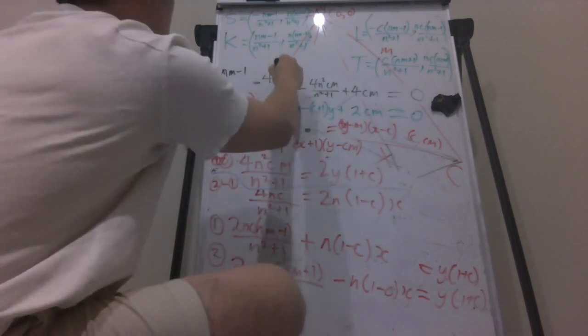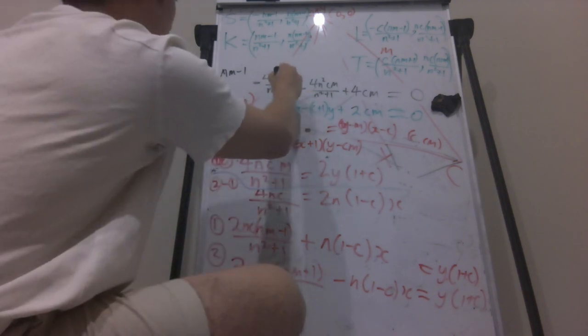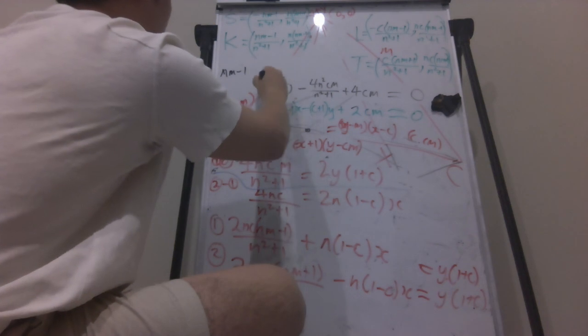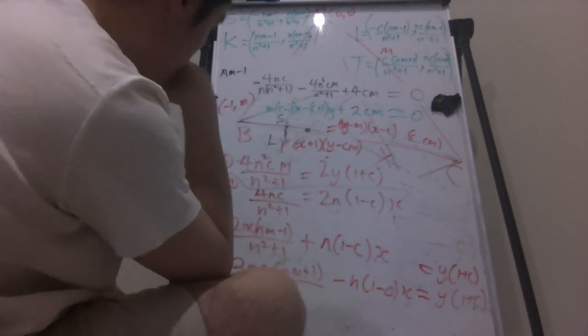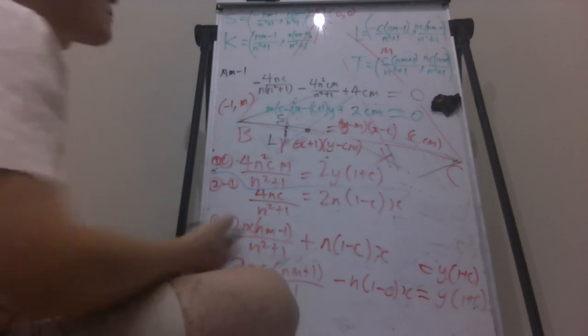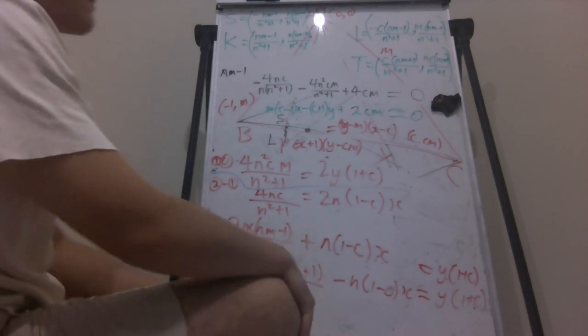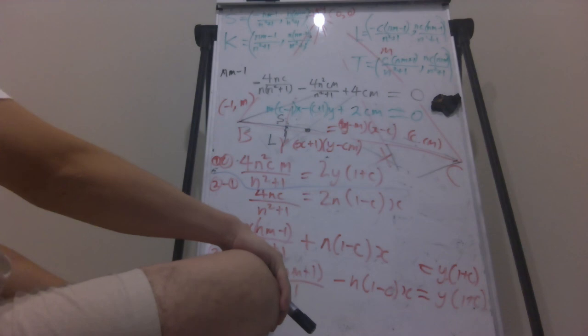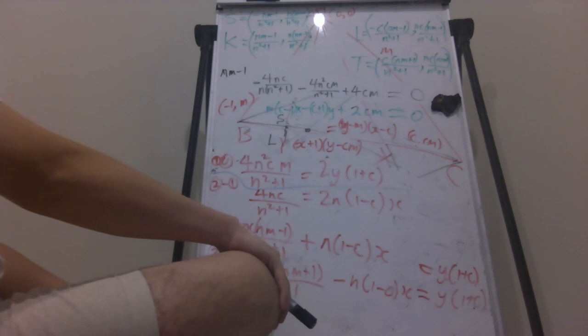It's 4nc on n squared plus 1, right? Divided by n. And it's a negative. Is that right? Well, we'll do this all again.